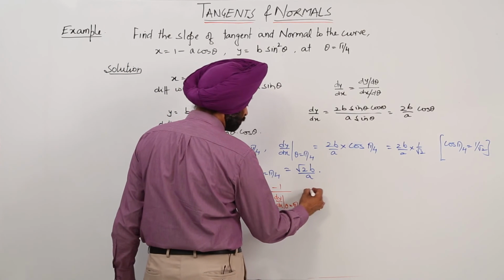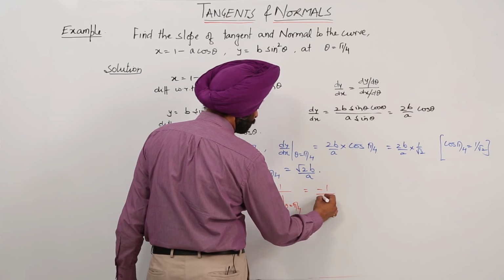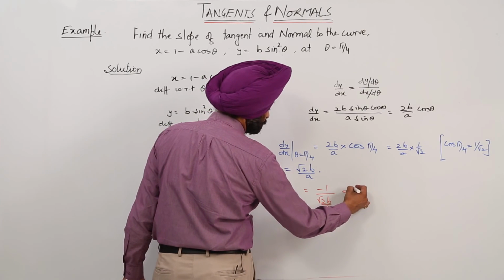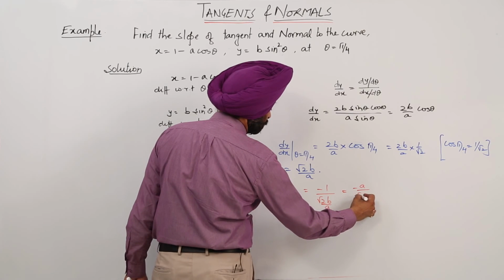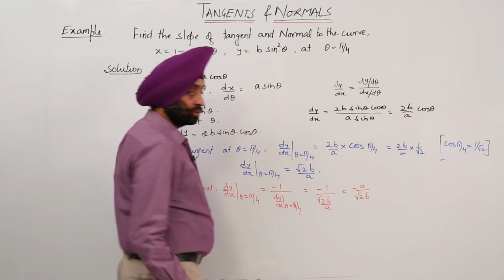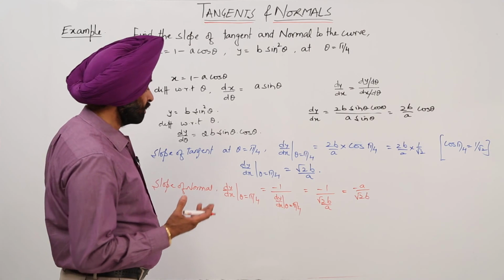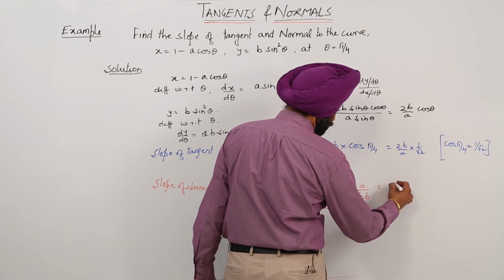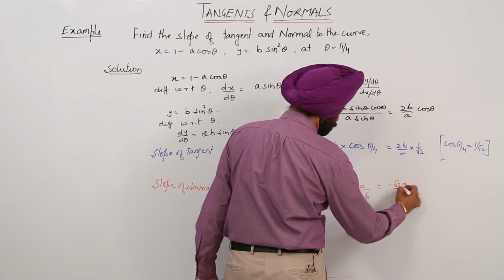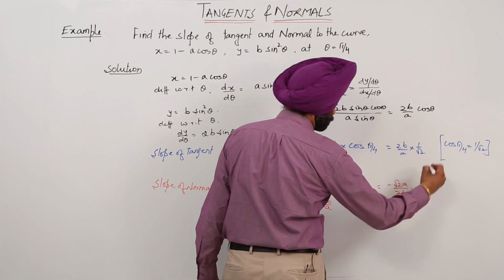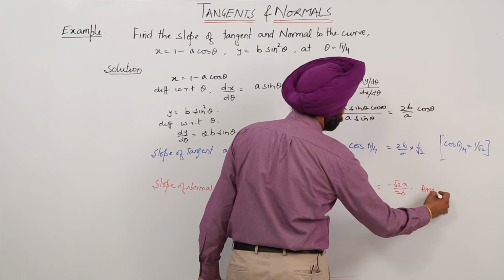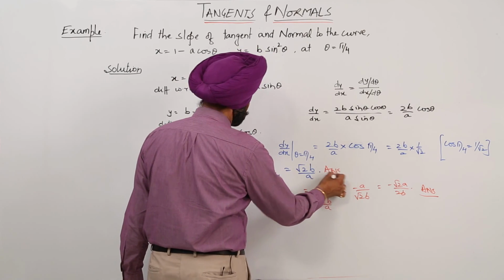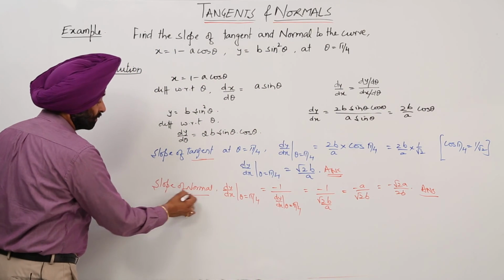So this becomes now minus 1 upon root 2b upon a, or this is minus a upon root 2b. So we can rationalize this also, or you can leave it here only. Okay. So we can write it minus root 2a upon 2b. So this is one answer and this is second answer: slope of tangent and slope of normal.